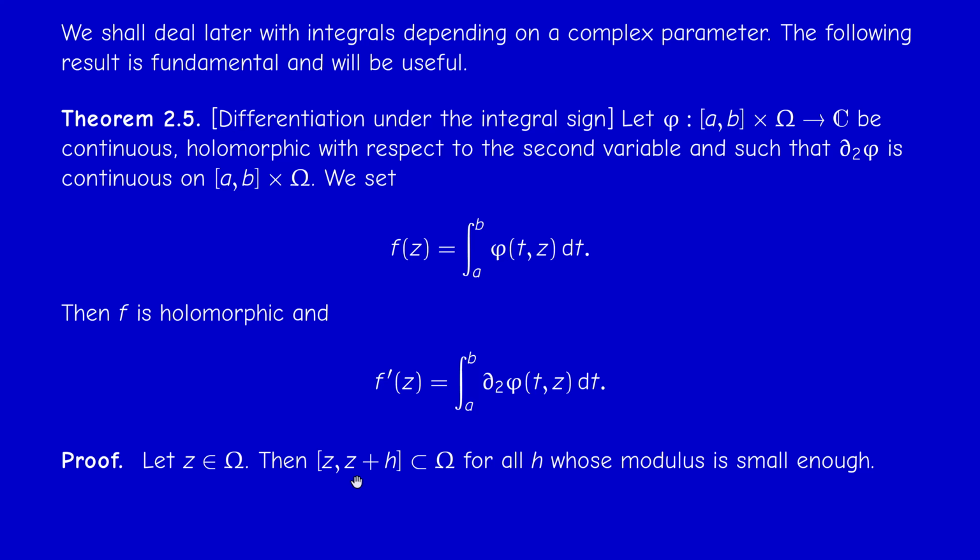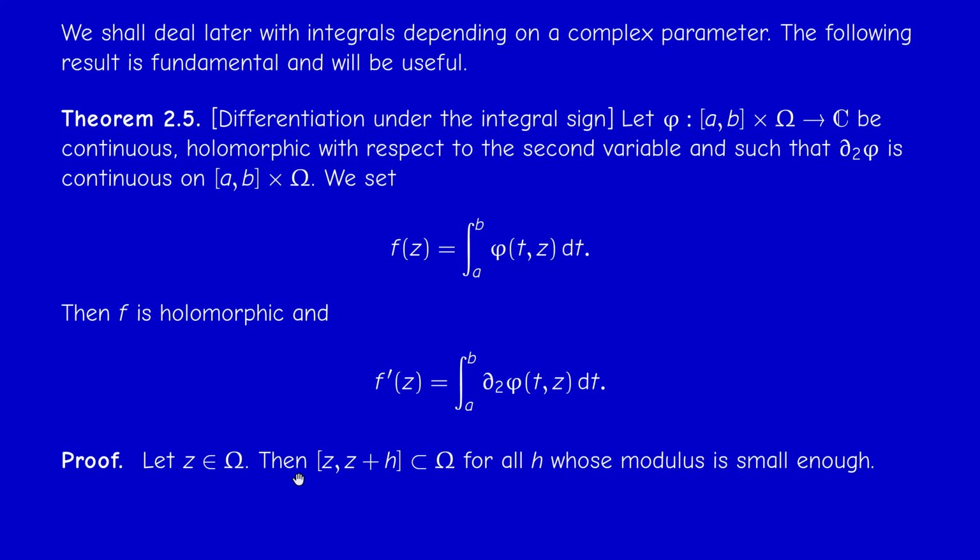Okay, we did something similar in previous videos. And it's here that we use the fact that omega is open. We need the fact that omega is open when we talk about holomorphic functions, because when we do Newton's ratio for f of z plus h, we must ensure that z plus h is in the domain of f. It's not true if z is on the boundary of omega.